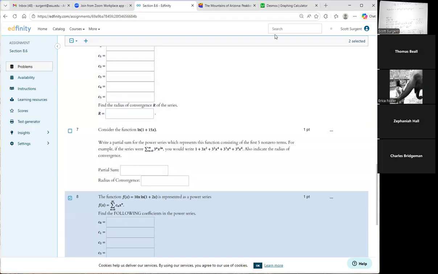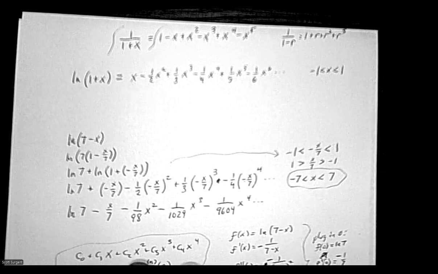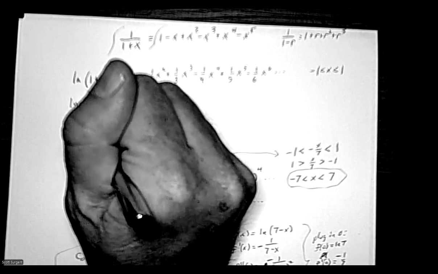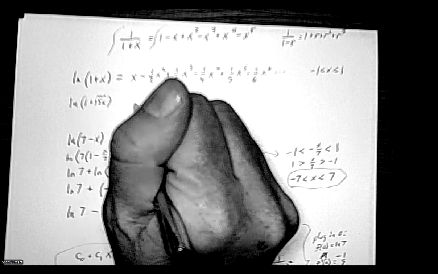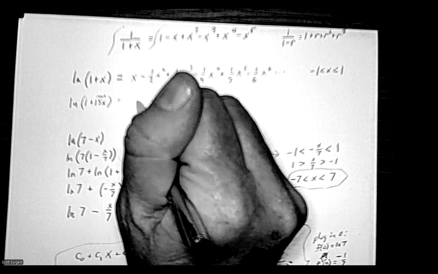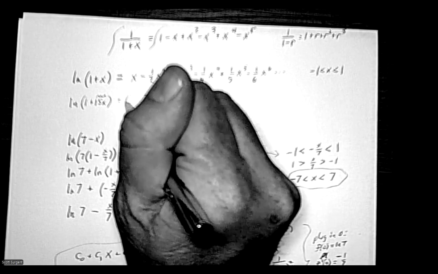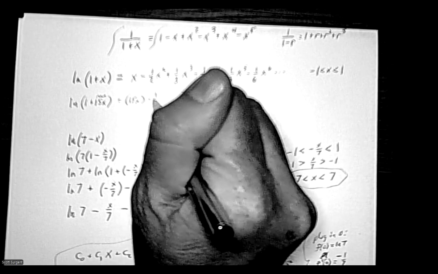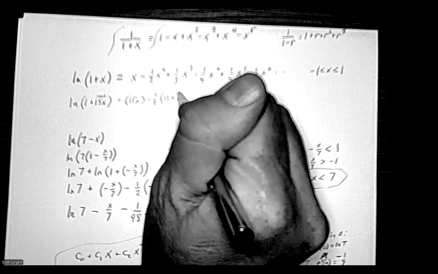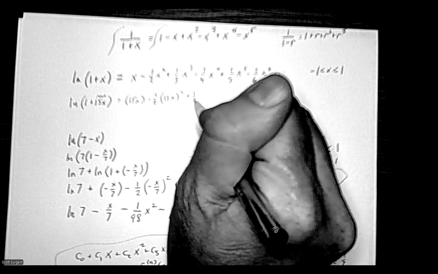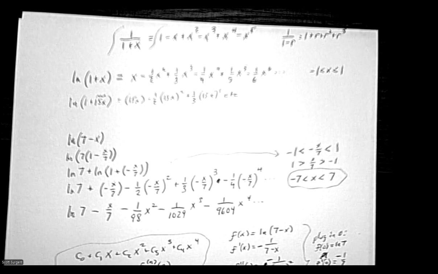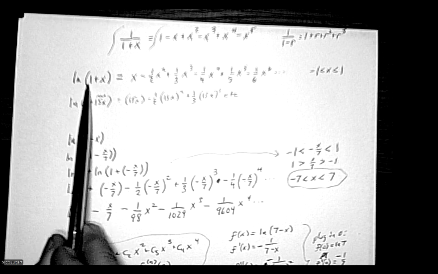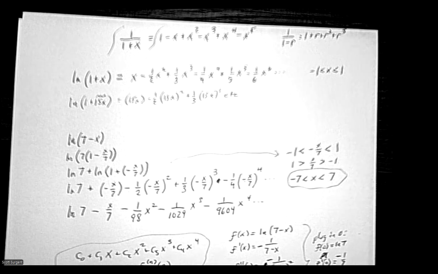So the ln of 1 plus 15x, that's actually probably a little easier because it already kind of fits the form. You just have a 15x wherever you have an x. So everywhere you have an x, just put a 15x. And then just work out what the numbers are. That one works out pretty good because it's already got the form. It's got a 1, it's got a plus sign.